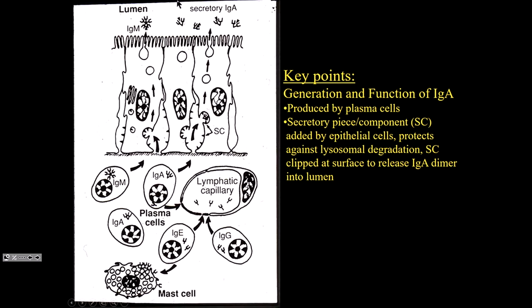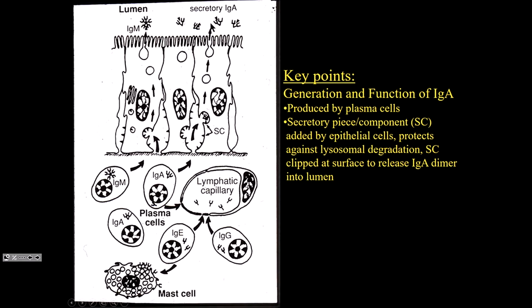So then that IgA dimer containing the secretory component makes its way across the cytoplasm of the GI tract intact, and once it reaches the apical surface, the secretory component is clipped and the IgA dimer is released into the lumen of the GI tract, whereupon it's readily available to interact with any foreign pathogens that you may have ingested during the normal course of events.